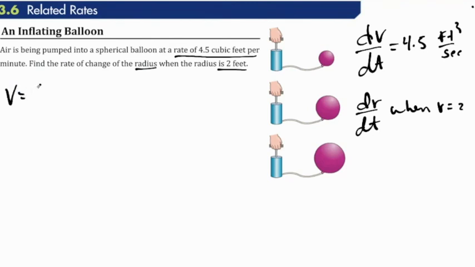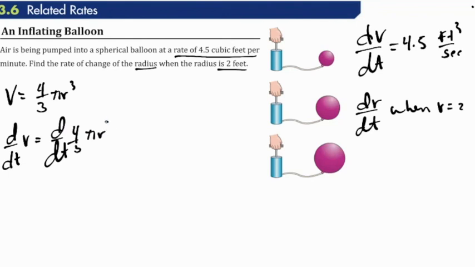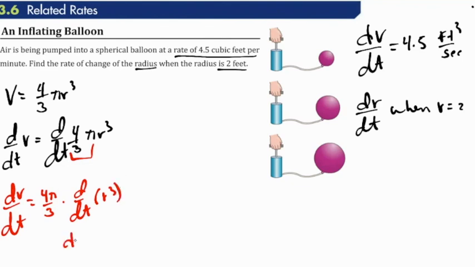So volume of a sphere is 4/3 pi r cubed. And if we take the derivative, we see that 4/3 pi is a constant. We can move it out front. So we have dV/dt equals 4 pi over 3 times the derivative of r cubed. dV/dt is equal to 4 pi over 3 times 3r squared dr/dt.